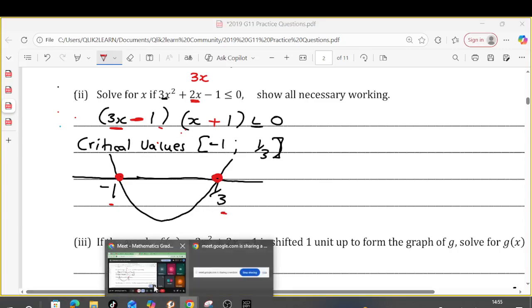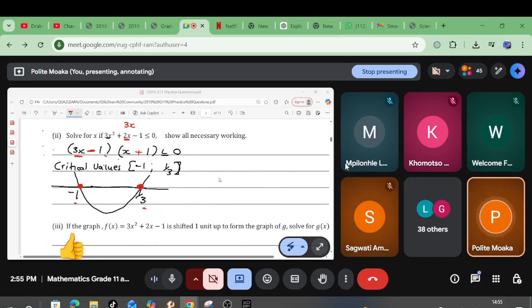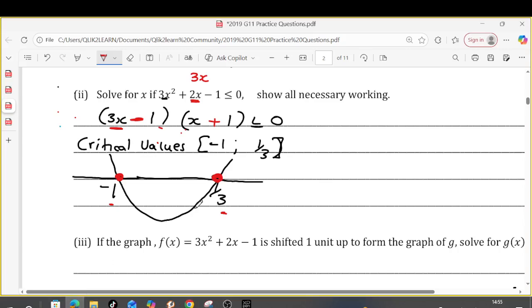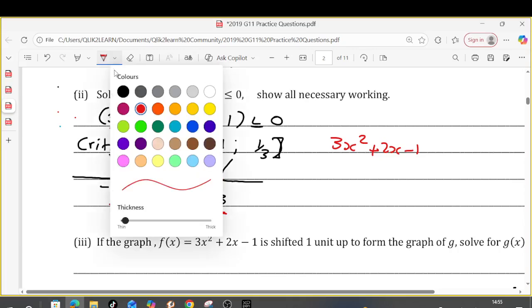But trust me, when one is positive and one is negative, always try to choose 0, because this will make everything easy. So when you choose 0, you substitute that 0 into your original equation. Remember, the original equation is 3x squared plus 2x minus 1. You need to substitute into that original equation.